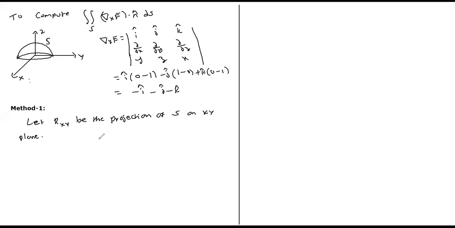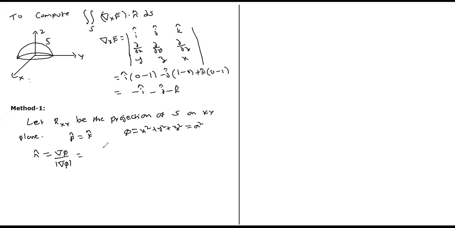Then what is p cap? P cap will be k cap because you are taking the xy plane. And what is n cap? N cap is del phi by mod del phi. And phi is x square plus y square plus z square equal to a square.